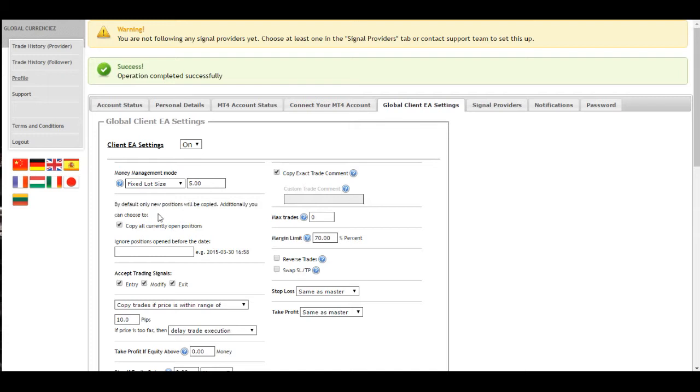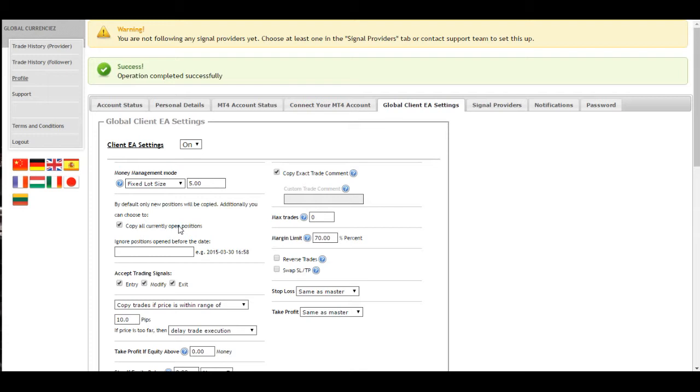All right. Now, this other option, copy all currently open positions. I advise people against this. Basically, let's say you just signed up and you open your MetaTrader 4 platform and you have this option selected. Once it's activated and it shows it's running, let's say Damon placed a trade 3 hours ago.